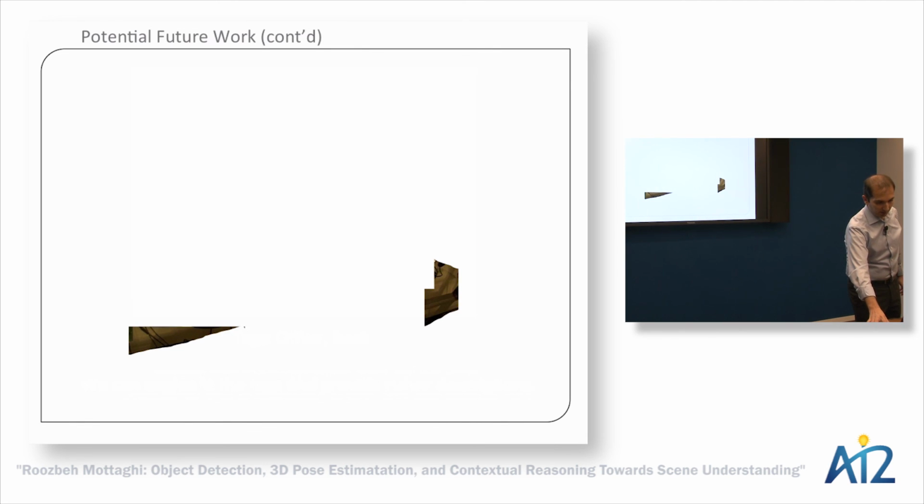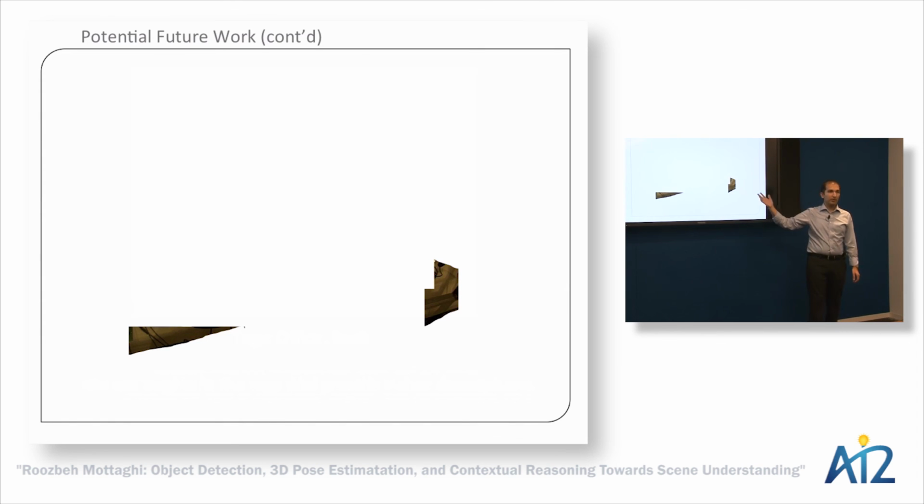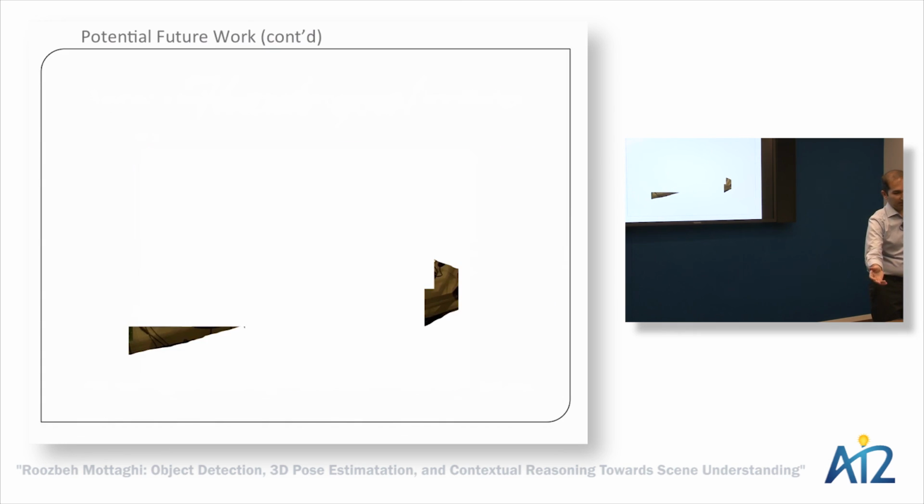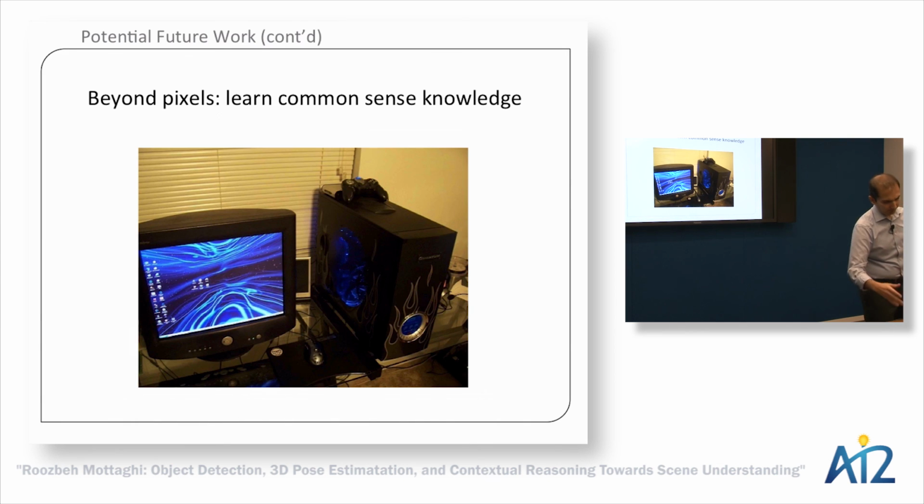And the last but not the least is, as I said before, reasoning about the objects based on pixels is sometimes almost impossible. So we need additional things. We need to go beyond pixels. We need to learn common sense knowledge and reason about that. The reason that we can say these pixels are table pixels is the 3D geometry of the scene and other types of knowledge that do not exist in pixels.